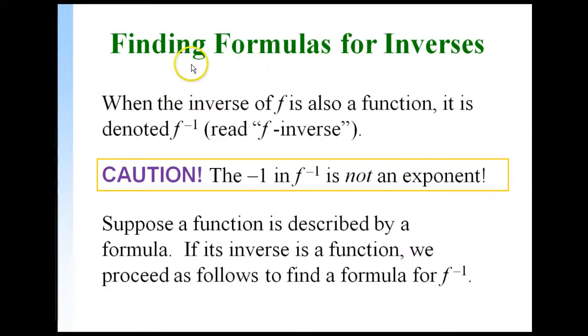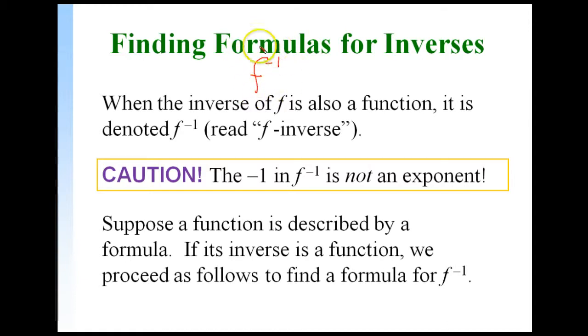Now, when we are finding formulas for inverses, again, you need to pay special attention to this. When the inverse of f is also a function, that is, the original would pass the vertical line test, only intersecting in one place, then it has an inverse, and it is read f inverse.